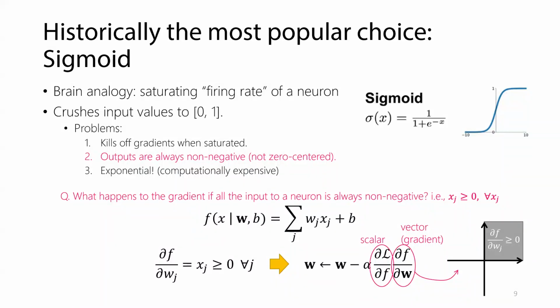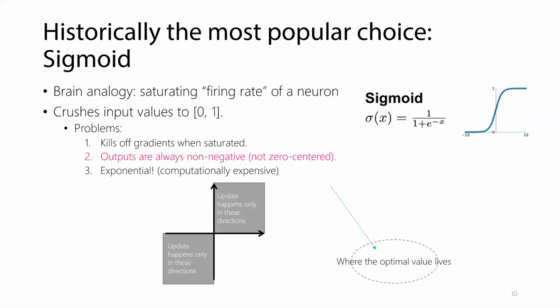So if you use sigmoid as an activation function, the layer that uses the sigmoid will produce outputs that are always positive, then the next layer that uses that as an input will be confined in terms of the search direction, and therefore it becomes a harder optimization problem to solve. Okay.